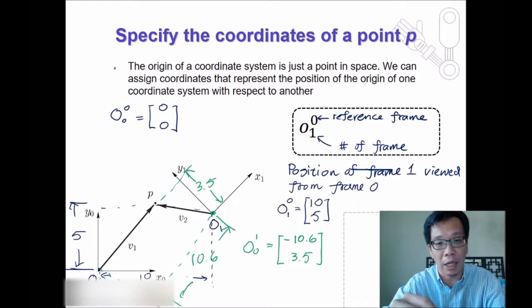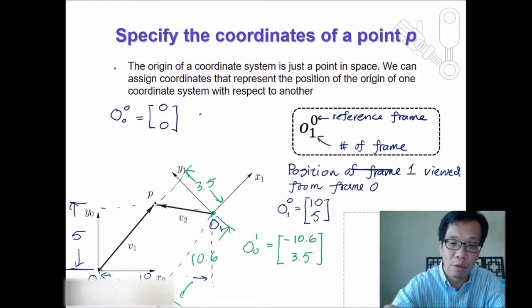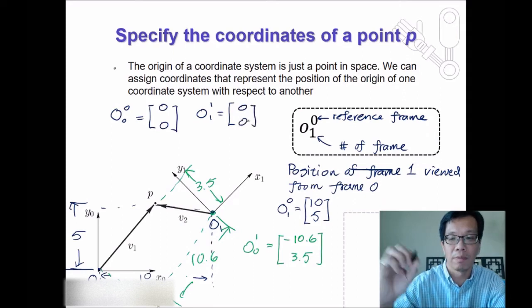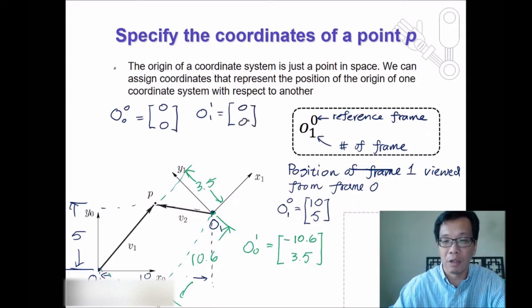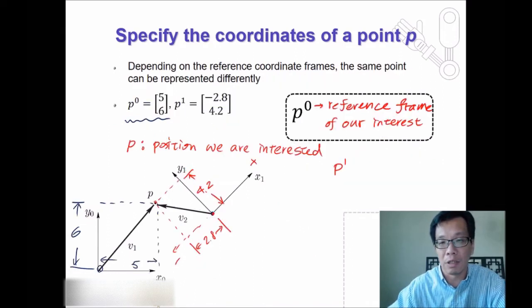If you do the same thing to measure the position of origin 1 from the frame of 1, it is going to be the same result, 0 and 0. Okay, that is going to be our system coordinates.